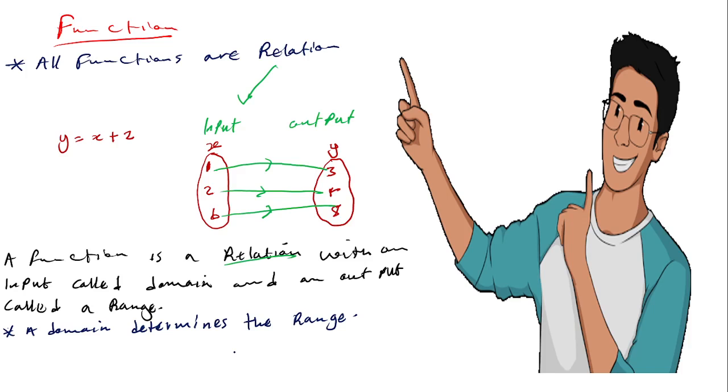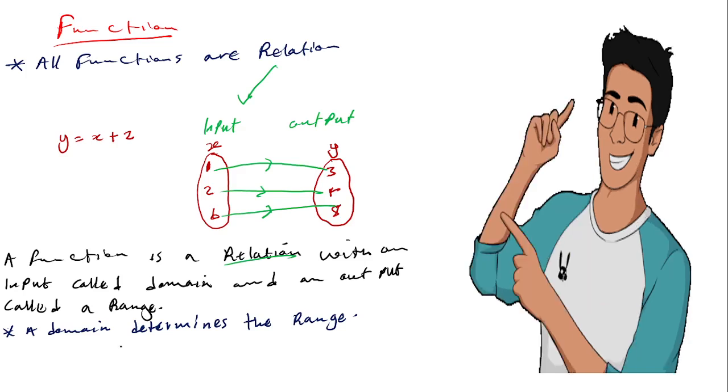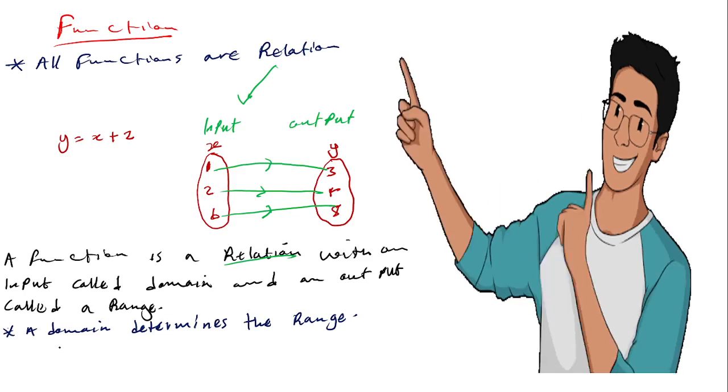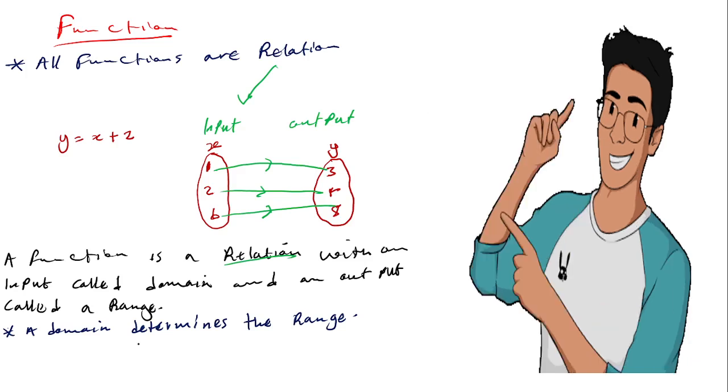A domain must always have a range. In a function, a domain must always have a range, and this range must be unique. I'll explain more when I look at how to identify these functions.